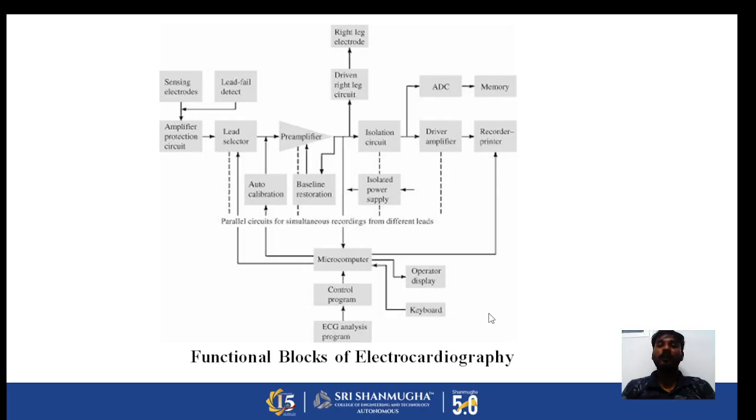The preamplifier amplifies the low energy signals, and then there is baseline restoration, the right leg driven circuit and right leg electrode, an isolation circuit, and a driver amplifier. Then the analog to digital converter, known as ADC, converts the analog signals into digital signals in the memory, and then the driver amplifier feeds the recorder or printer.